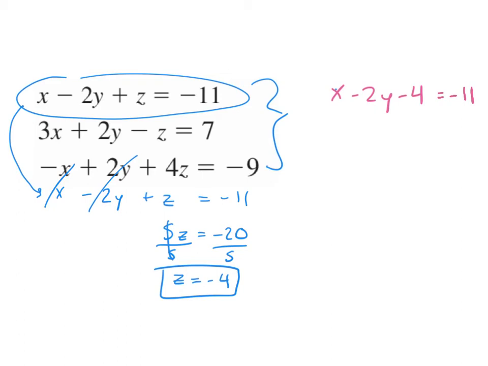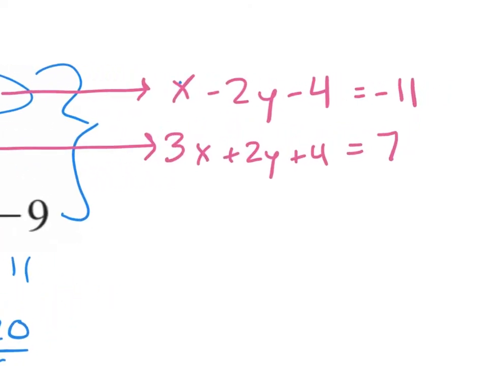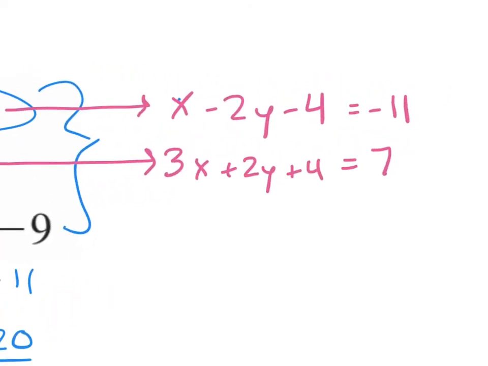And then our second equation, so I'm just rewriting this one by plugging in z. We have 3x plus 2y minus z, so this would be plus 4, is equal to 7. Now we can add the 4 to both sides of our first equation.